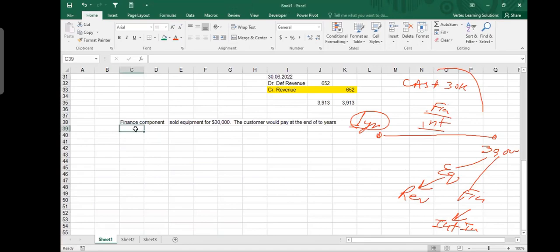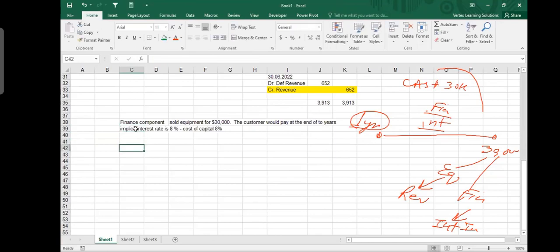Generally, they tell us something like this. They use the word implicit rate of interest, or the implicit interest rate is 8%, or sometimes they tell you that the company has a cost of capital of 8%.